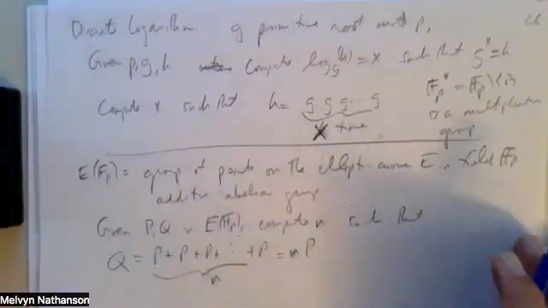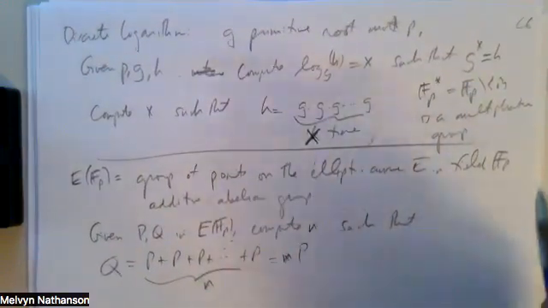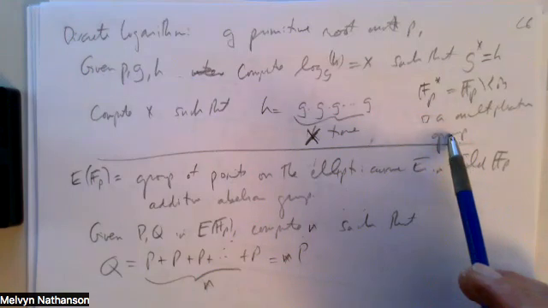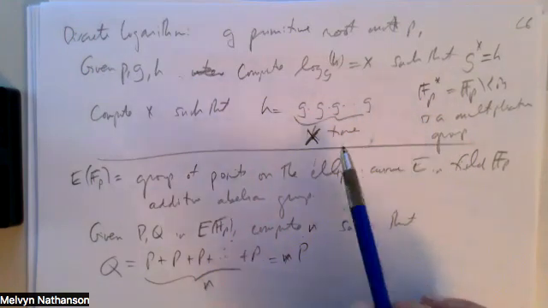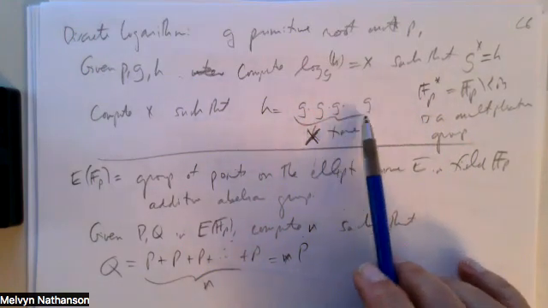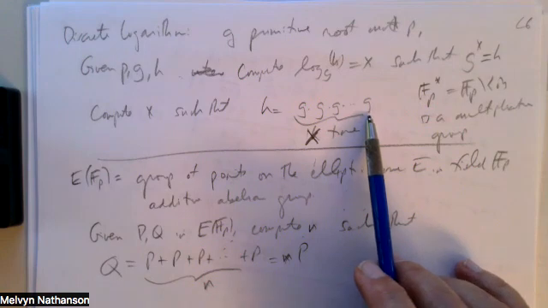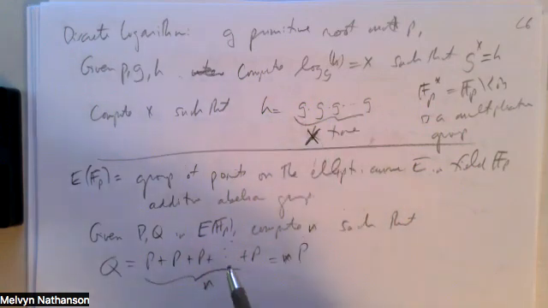It's completely analogous to the discrete logarithm problem in finite fields under ordinary multiplication. How many times do you have to multiply G by itself to get H? Here the problem is, how many times do you have to add P to itself to get Q? That's the discrete logarithm problem for elliptic curves.